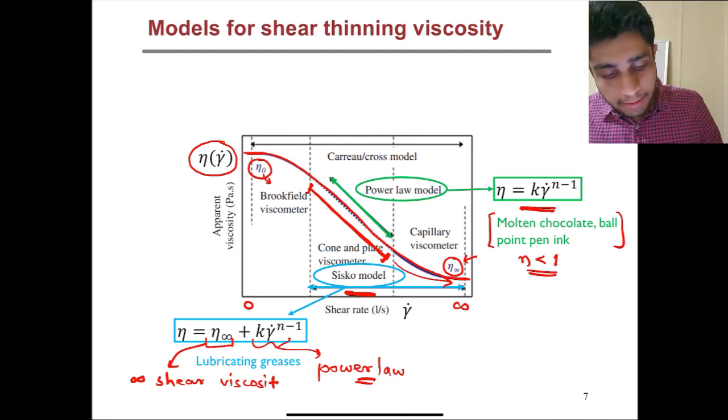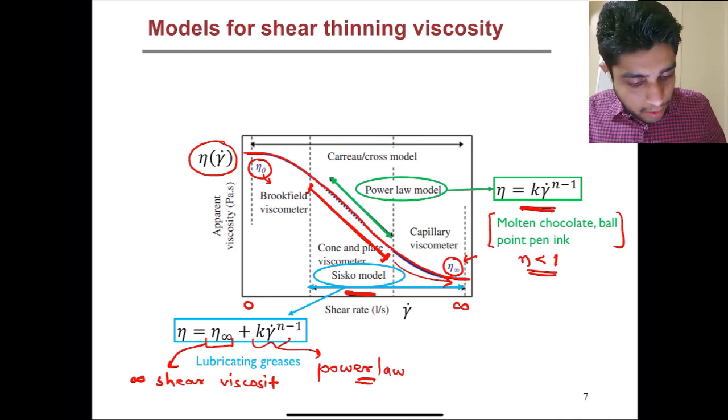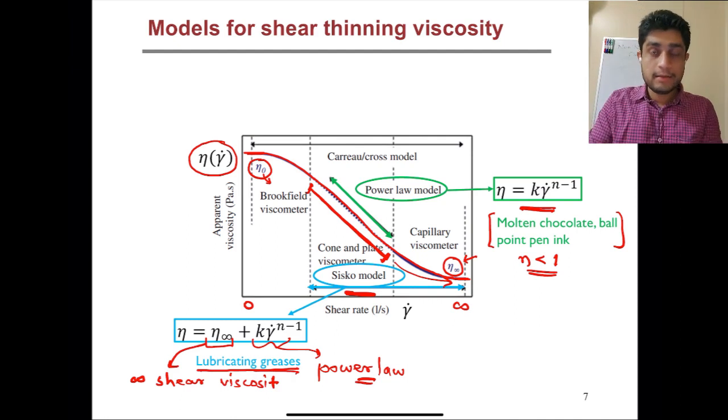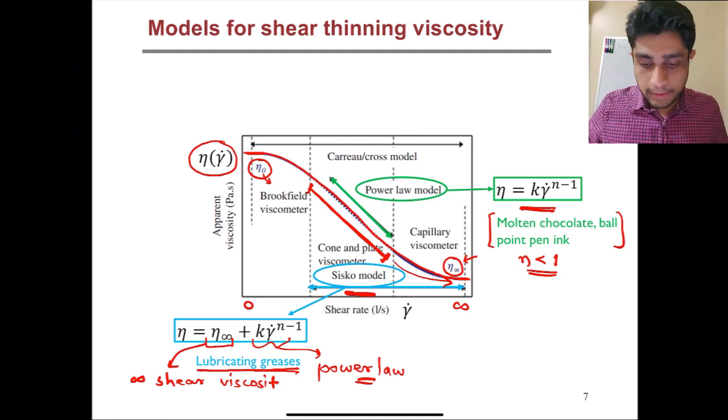This model is usually applicable to lubricating grease and various lubricating materials.